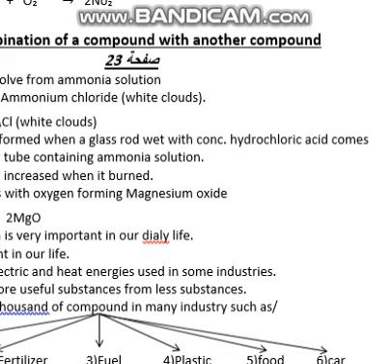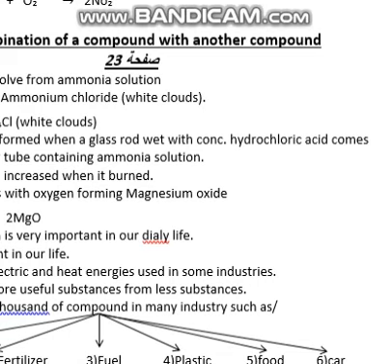NH3 plus HCl (concentrated) produces NH4Cl, the white cloud. The white cloud is formed when a glass rod wet with concentrated hydrochloric acid comes near the mouth of a test tube containing ammonia solution.